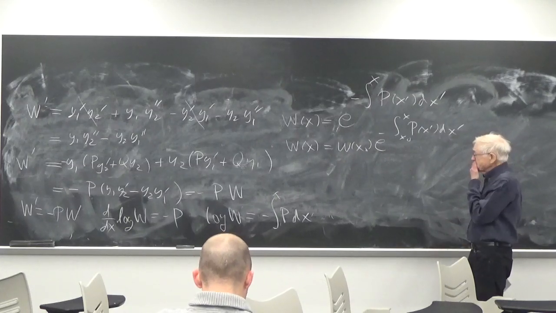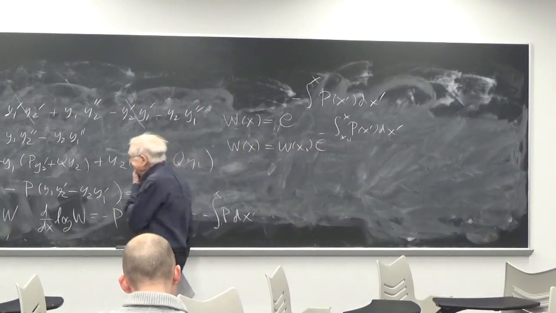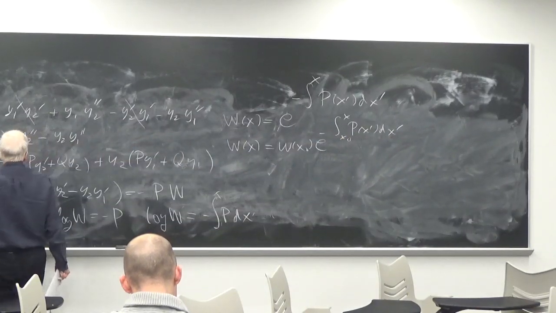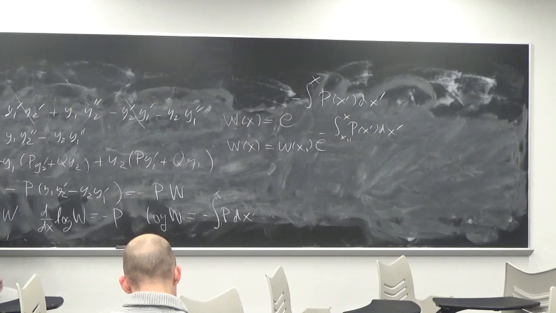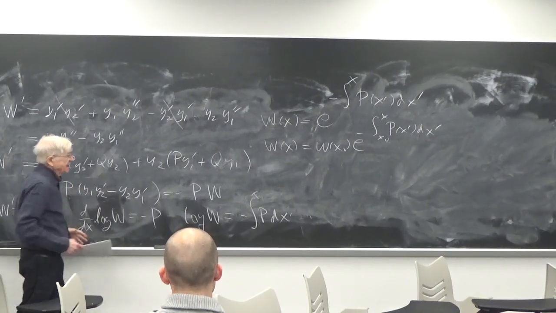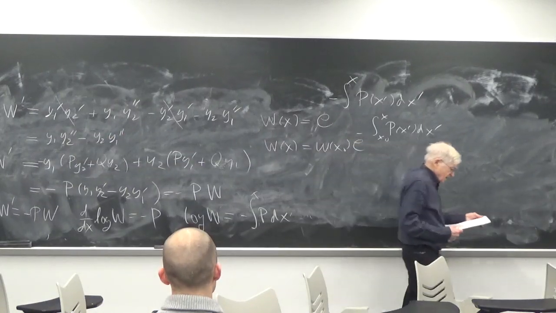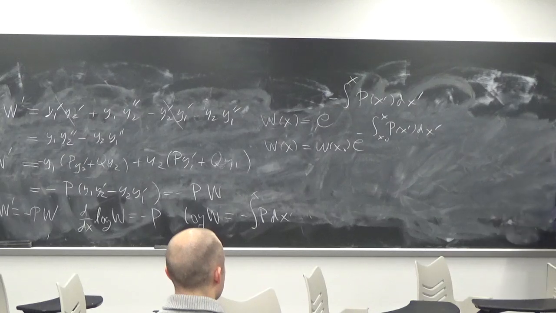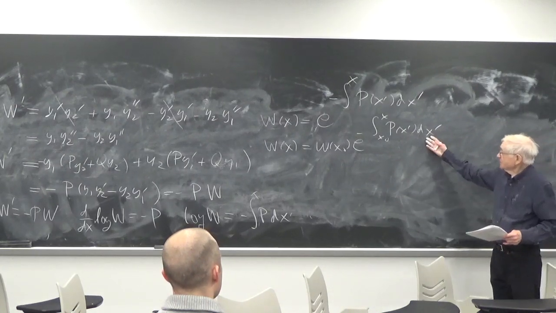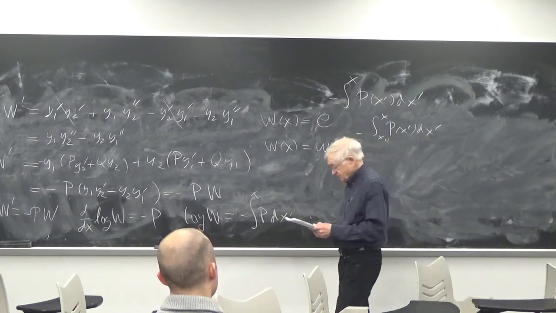So in other words, the Wronskian, which is a certain determinant, which I explained over there, has a solution that just depends upon P, one of those coefficients.